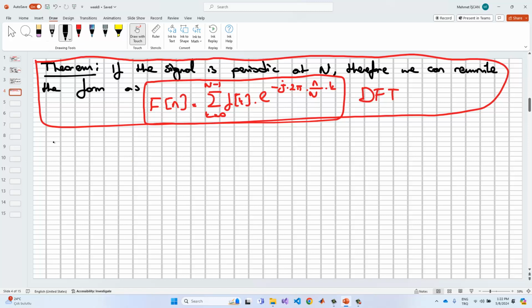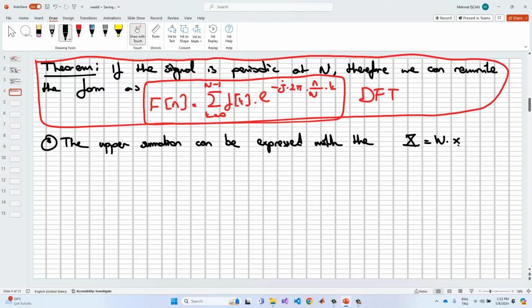Okay, and so this summation can be represented with a basic matrix. The upper summation can be expressed as X equals W x, where W is the discrete Fourier transform matrix and x is the input.